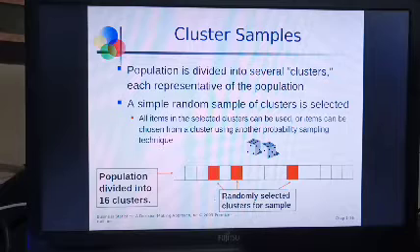You get the idea? Here it's all or nothing. It's the entire cluster. A cluster is all or nothing, unlike in strata, where you can still select within the stratum.